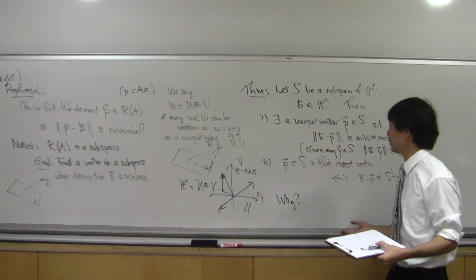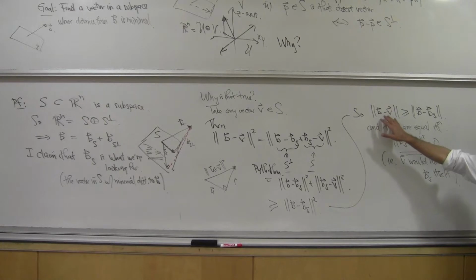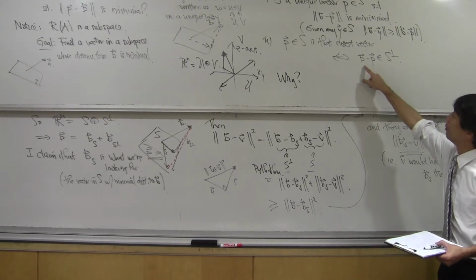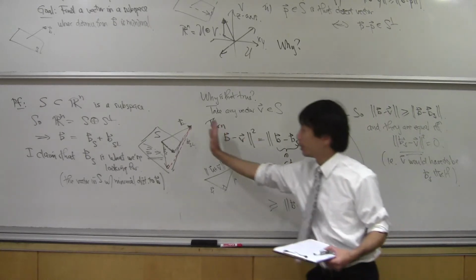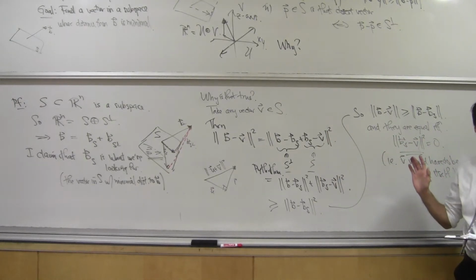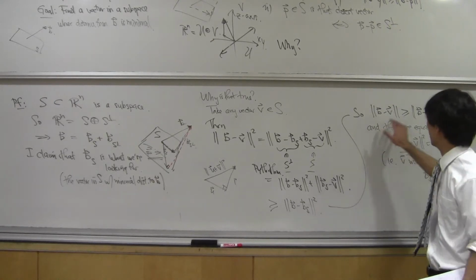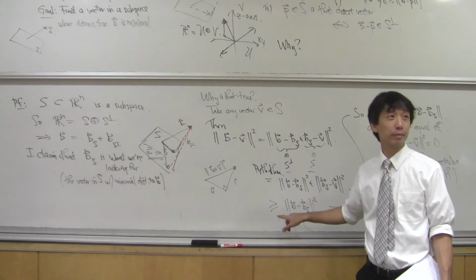We see that BS, the distance to B, is smaller than anybody else, and that occurs when B minus BS is perpendicular to S. So we're trying to show that this BS is the best, and if you take anybody else, you get a greater distance.